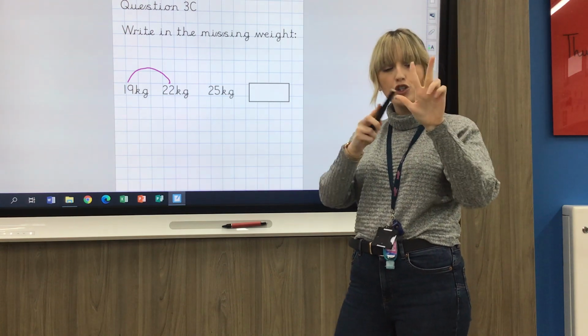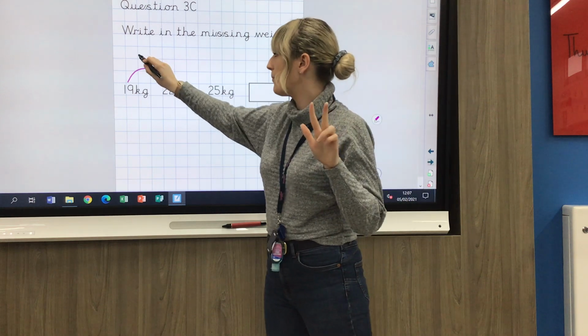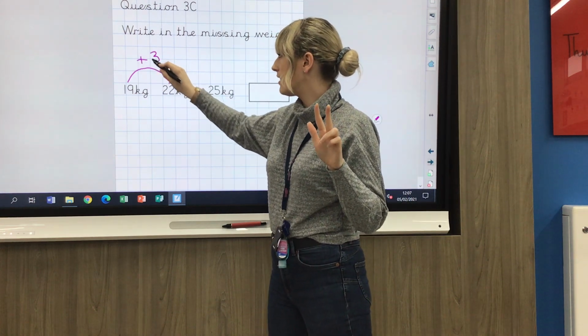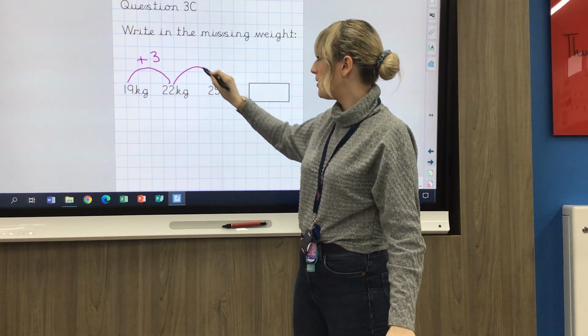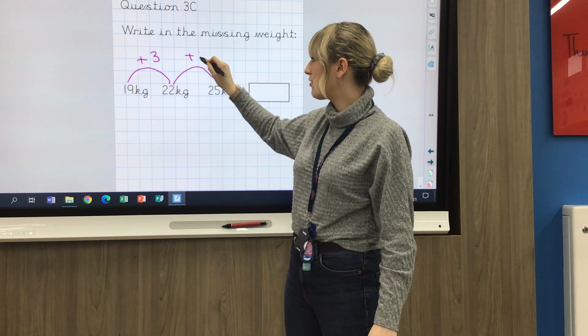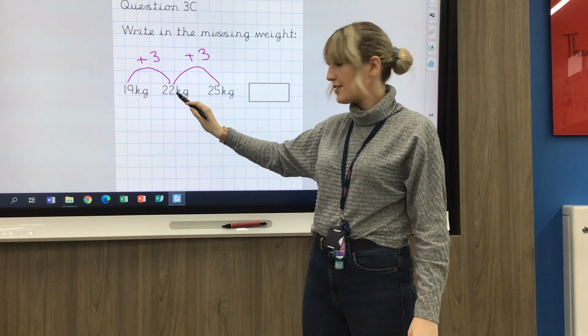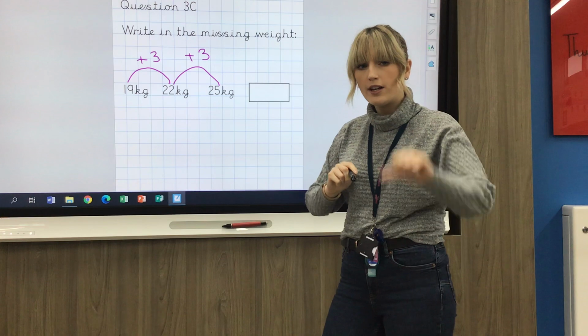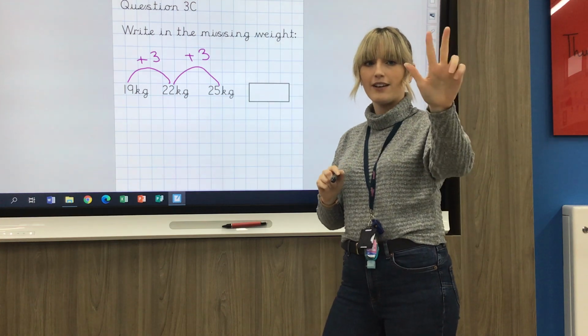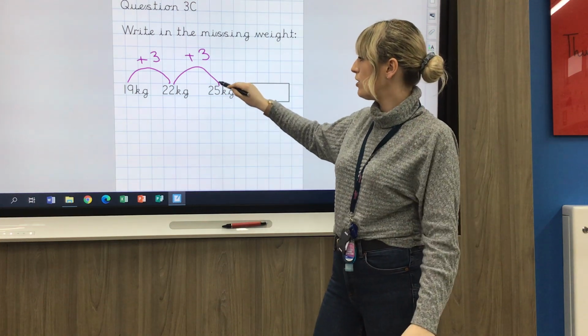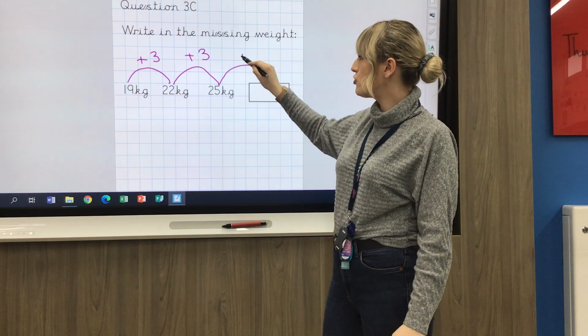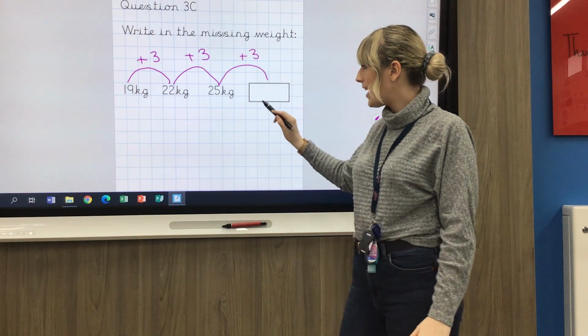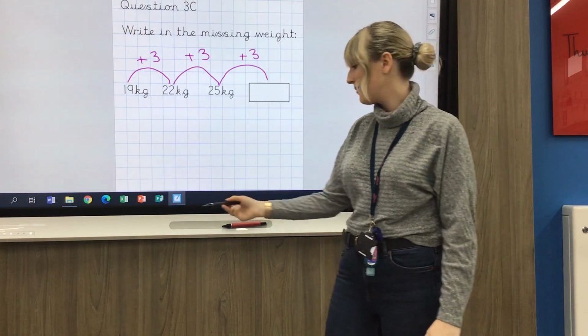So we've done a jump of 3. So each jump will be add 3. To get from 22 to 25: 22, 23, 24, 25. Another 3. So you've got to jump 3 to find your missing number.